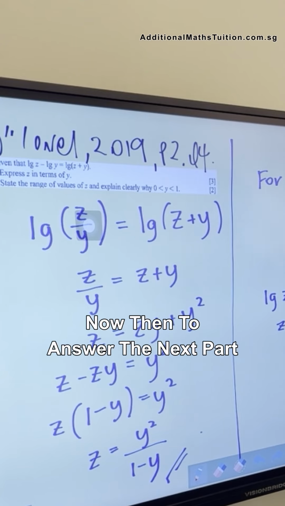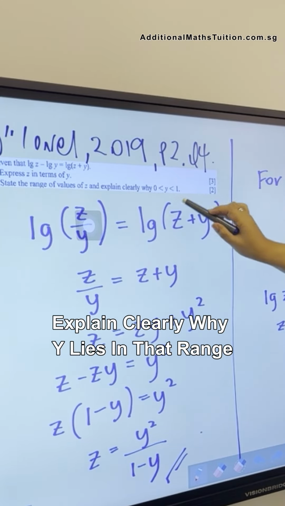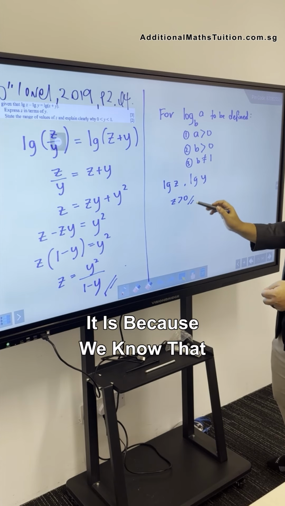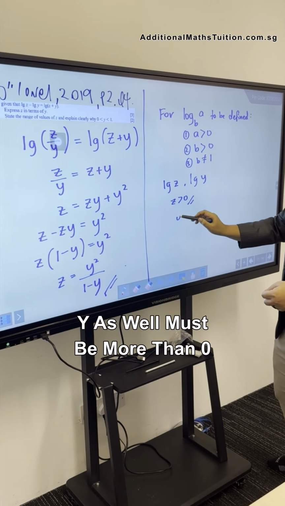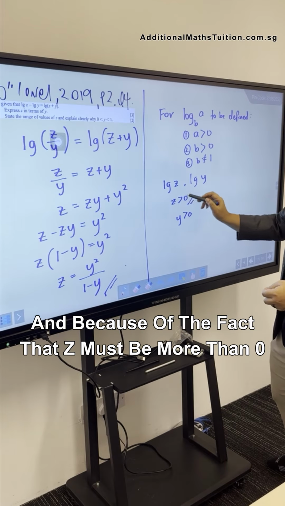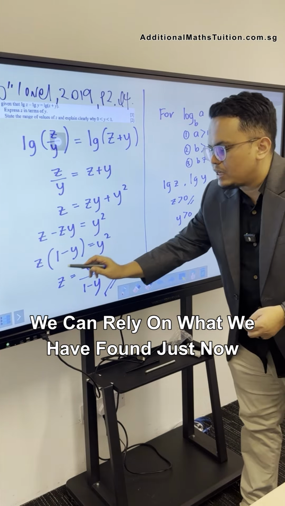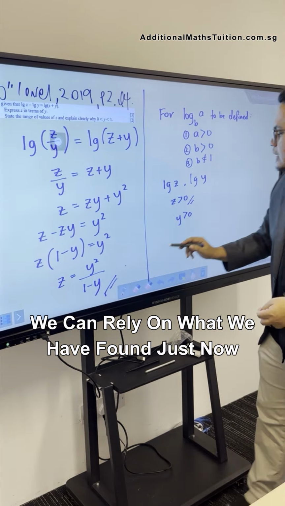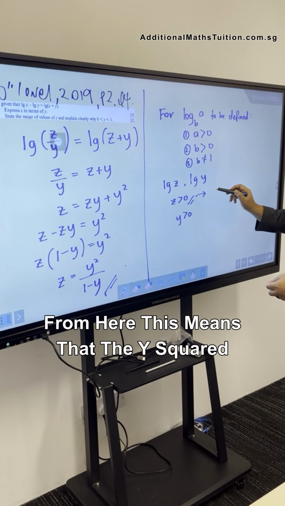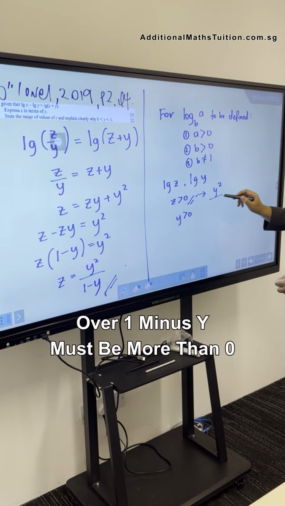Now, to answer the next part, explain clearly why y lies in that range, it is because we know that y as well must be more than 0. And because of the fact that z must be more than 0, we can rely on what we have found just now. From here, this means that y squared over 1 minus y must be more than 0.